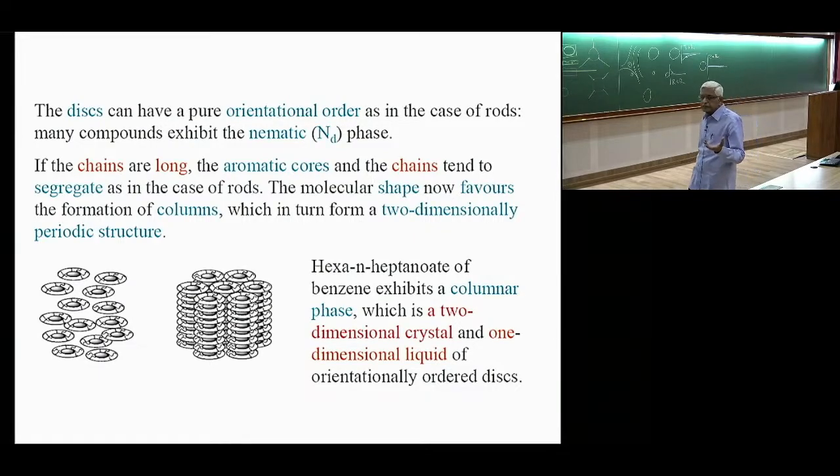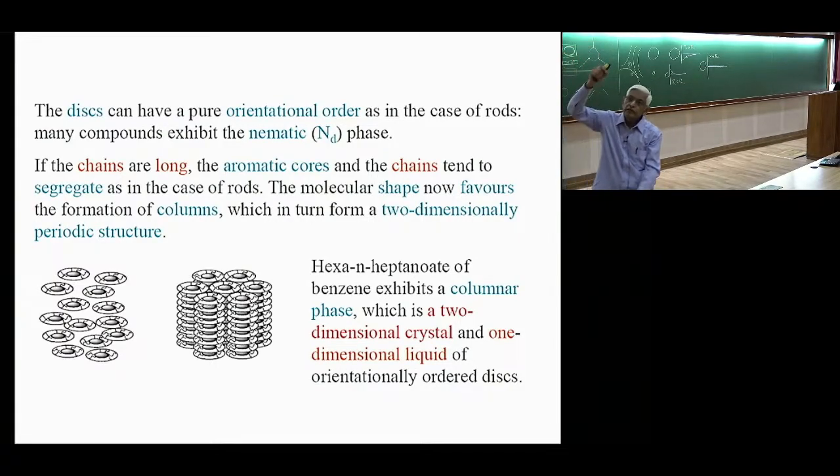The question is why? The answer is very simple. If I take such a crystal and heat it, the chains become extremely flexible, which means the correlation between columns is lost, which means each column is now a one-dimensional object. Landau-Peierls instability, which means there is no periodicity along the column.